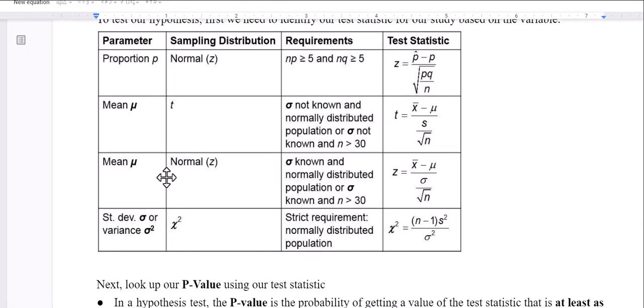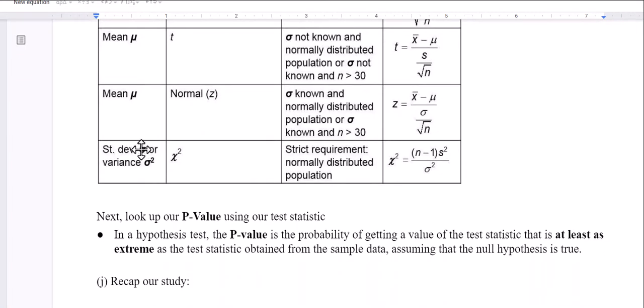When we do know sigma, the population standard deviation, then we go back to using z-scores, as we did with confidence intervals. And if our variable is the standard deviation or the variance, we use the chi-square distribution, and this is our test statistic.